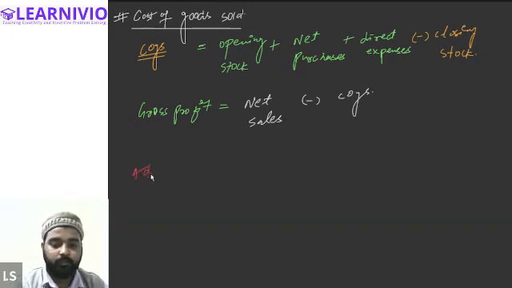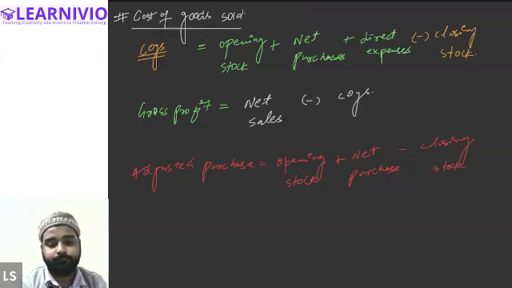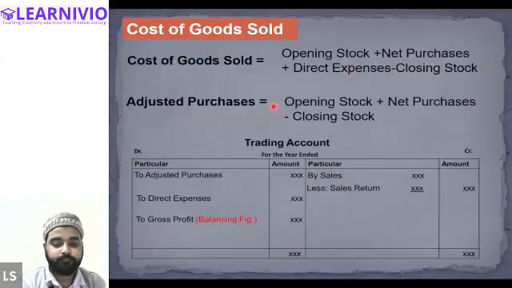So as I told you, the value of the adjusted purchase is calculated as adjusted purchase equals opening stock plus the net purchase, that means value of purchase after adjusting the purchase return, and reducing the closing stock. Okay, now let's move to the questions.